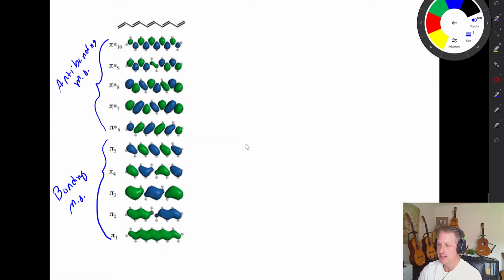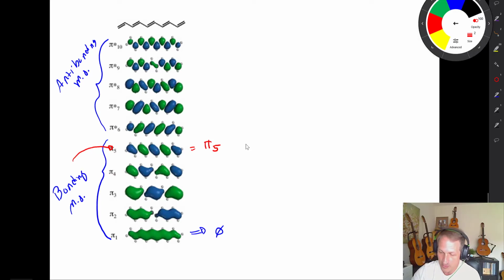So if you're asked the number of nodes in the lowest energy, down here, of course it's easy, it's 0. If it's the highest energy, well, it depends. Highest energy bonding or anti-bonding. Well, if it's the bonding molecular orbital, you're looking at that guy right there, right? Because this is pi 5. Then we look and see, okay, well, there's a node right here. There's a node right here, here, and here.